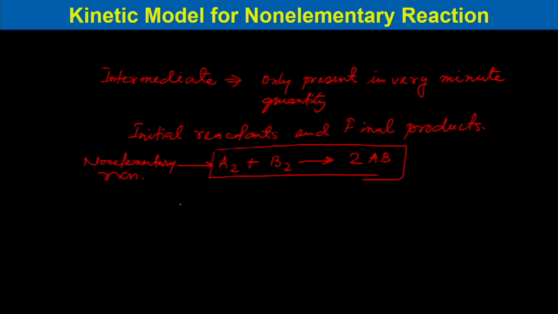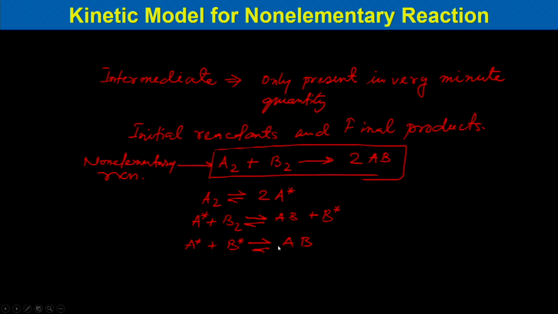Suppose the kinetics may be assumed like this: A2 can dissociate reversibly to twice A star, and then A star reacts with B2 to form AB plus B star, and A star reacts with B star to form AB.